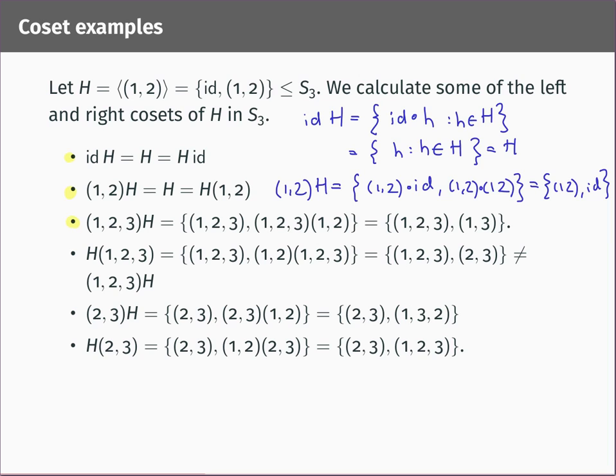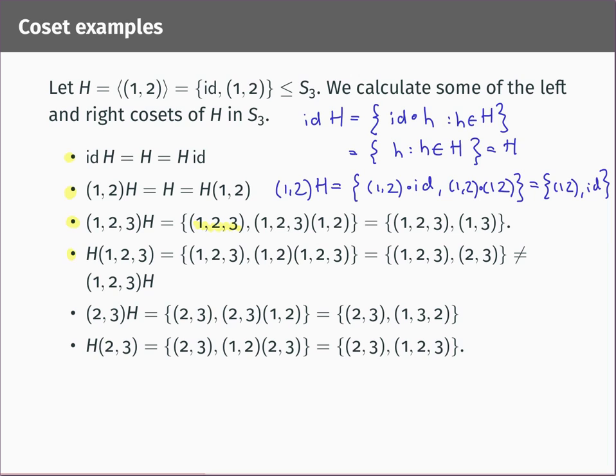So moving on to a more interesting example, let's look at the left coset by the 3-cycle (1 2 3). By definition, that is the set of all things you can get by multiplying (1 2 3) into an element of H. So we should get (1 2 3) times the identity, which is (1 2 3) again. And we should get (1 2 3) times (1 2), which is (1 3). So the left coset of H by (1 2 3) is the set containing (1 2 3) and (1 3).